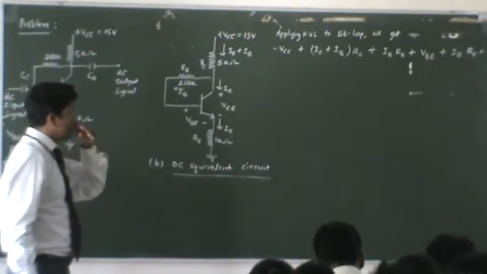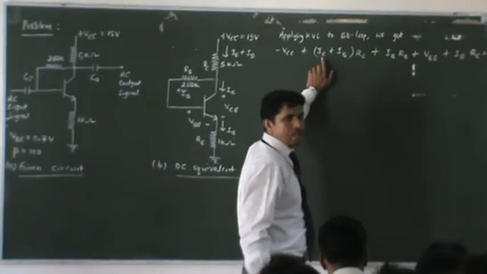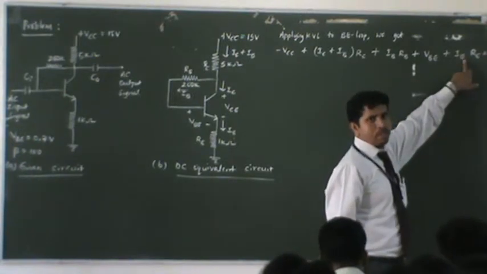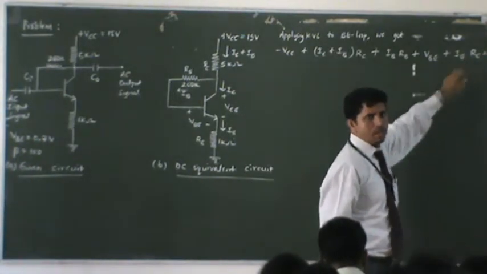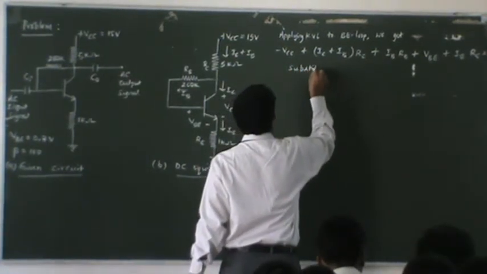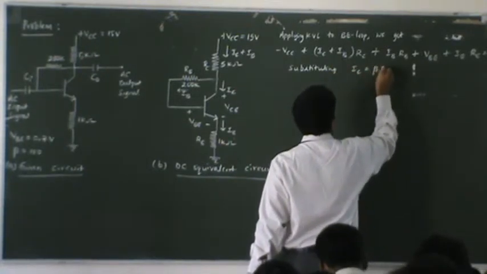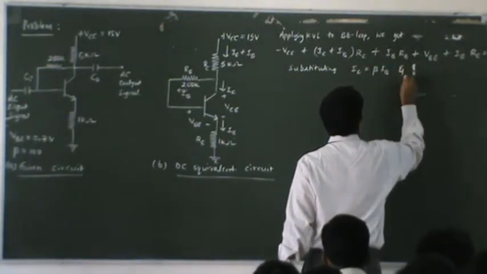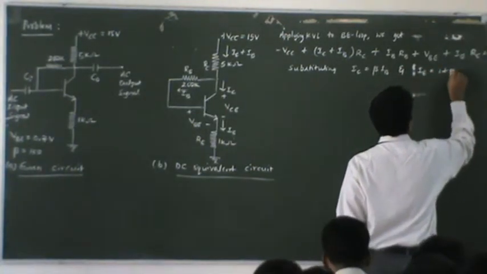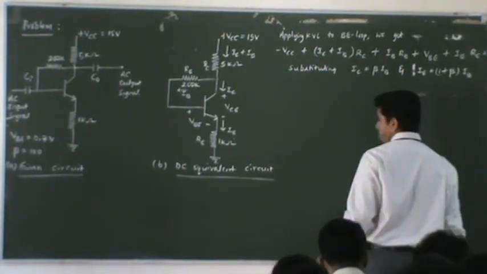What will be the substitution to simplify this equation? You can substitute IC as beta IB and IE as 1 plus beta times IB, right? Substitute those two things. What do we get?